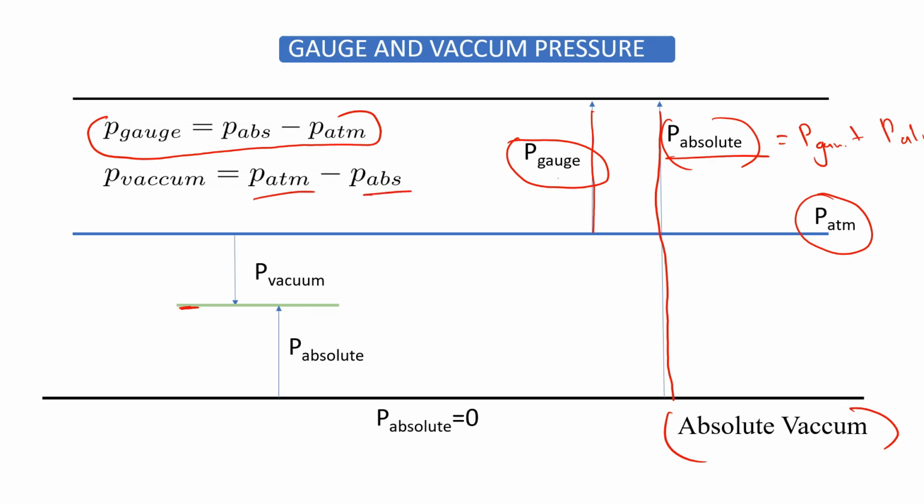So if you take this point, the absolute pressure is P absolute here and atmospheric pressure is P atmosphere. So you can see that P atmosphere minus P absolute will give you the vacuum pressure. Okay, this is how the absolute pressure, vacuum pressures and atmospheric pressures are related to each other.